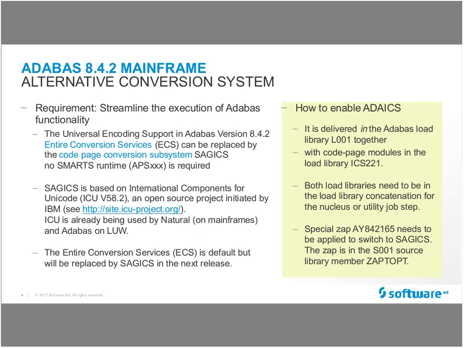With version 8.4.2, you have the option to use a different way of code page translation. We call it ICS. A benefit for you is that you have less software, you don't need SMARTS anymore.